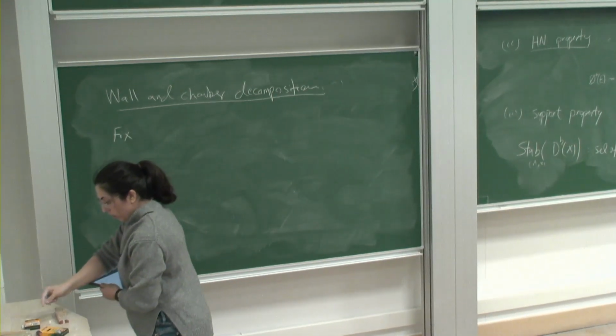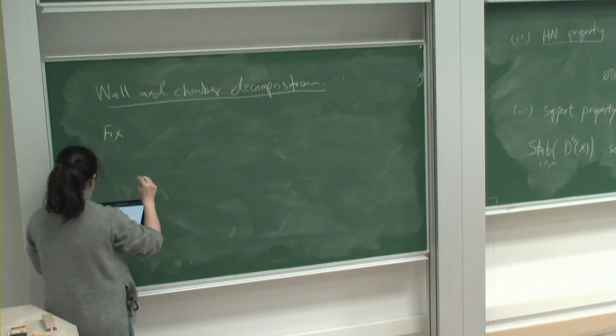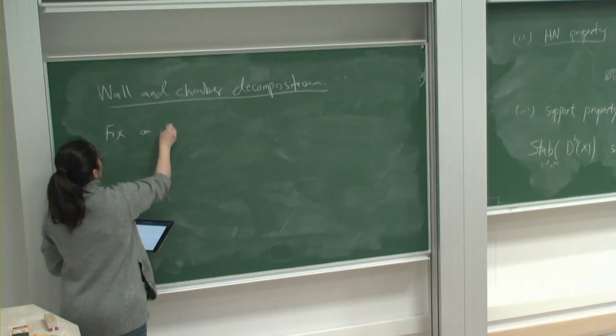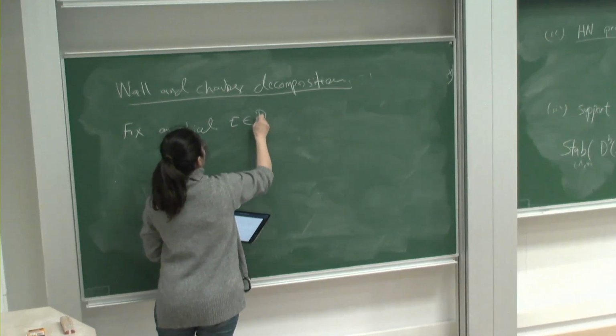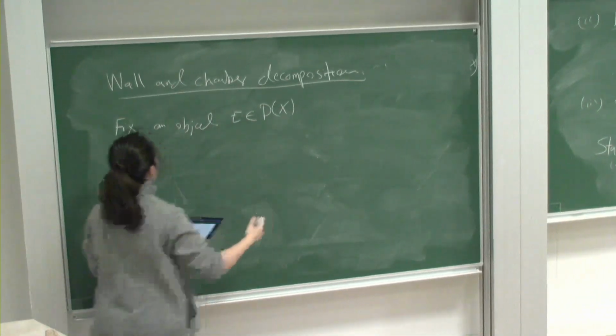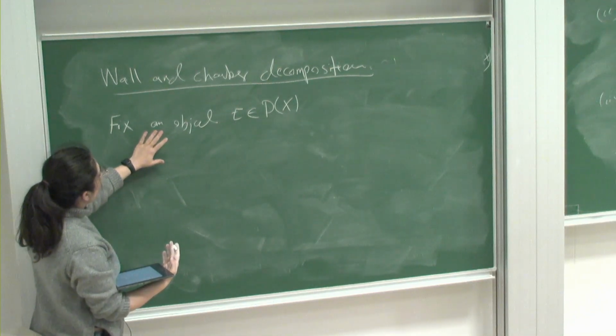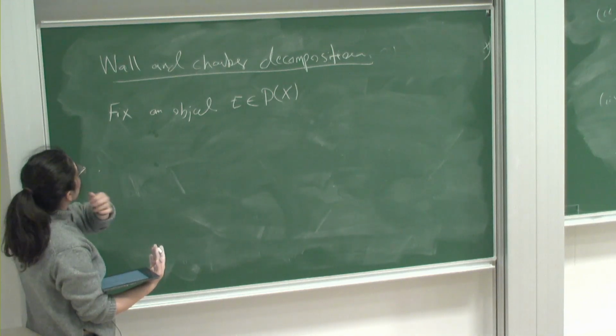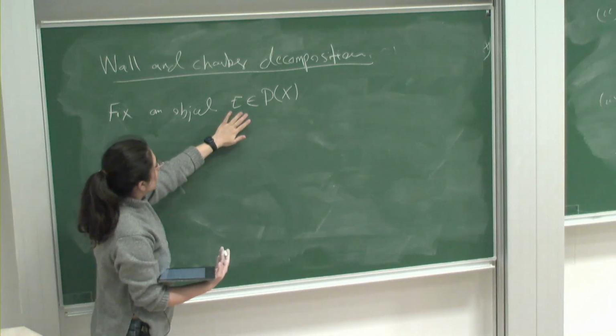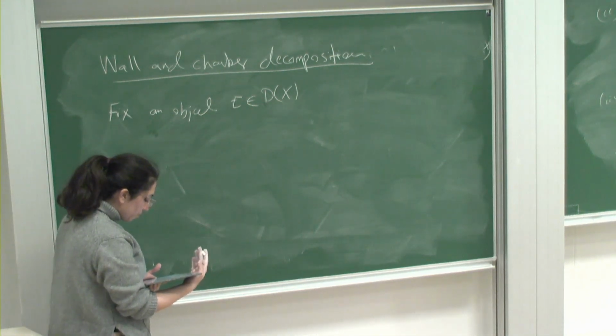What is that? As I said, this is just the simplest way to explain this wall and chamber decomposition, but the idea is a bit more involved. Okay, but you can catch the picture behind it. So I'm fixing an object in this derived category D^b(X).